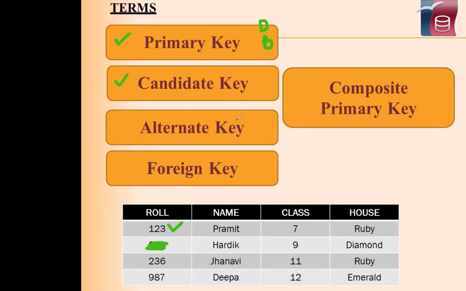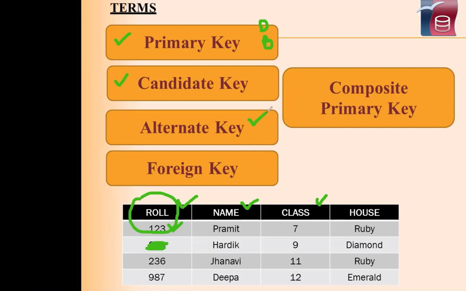Then what is an alternate key? Suppose there were 3 fields I considered as candidates for the primary key, out of which I have selected only one as the primary key, the roll number. The rest of the fields, name and class, will become the alternate keys.